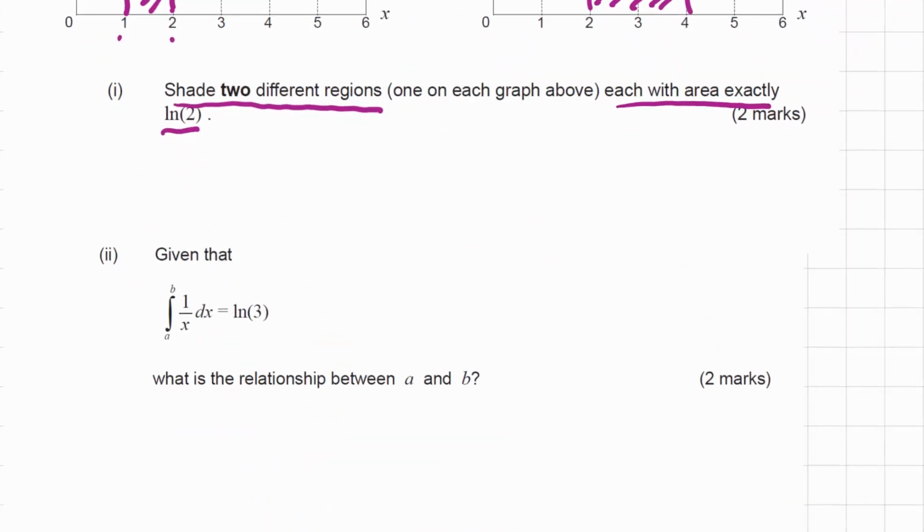We're given that the integral from a to b, 1 over x dx is ln 3. What's the relationship between a and b?